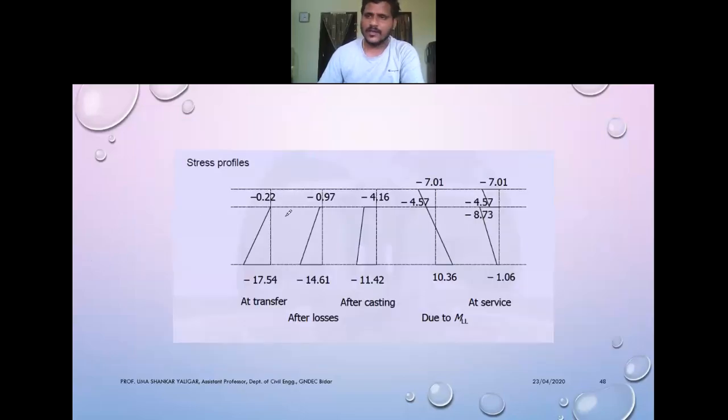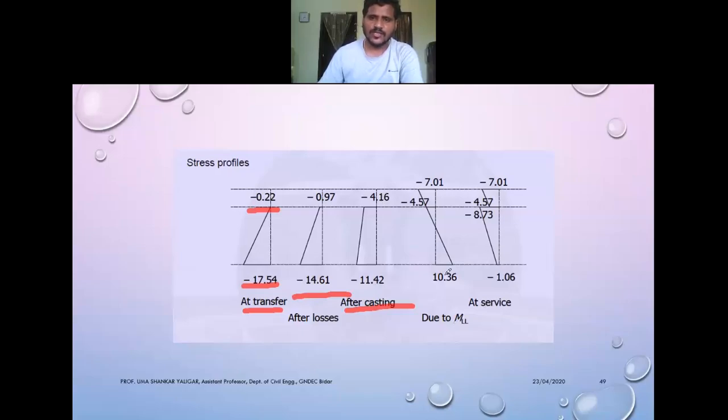After computing all the stresses at transfer, the stress at the bottom is this and the stress at the top is this. After the losses, this is due to P naught, and this is due to the effective prestress, the top and the bottom. And after casting the cast in place flange portion, the top is minus 4.16 and the bottom is minus 9.42.